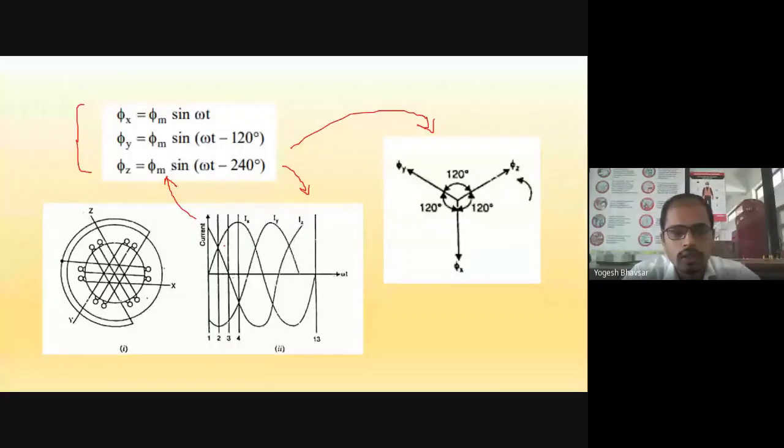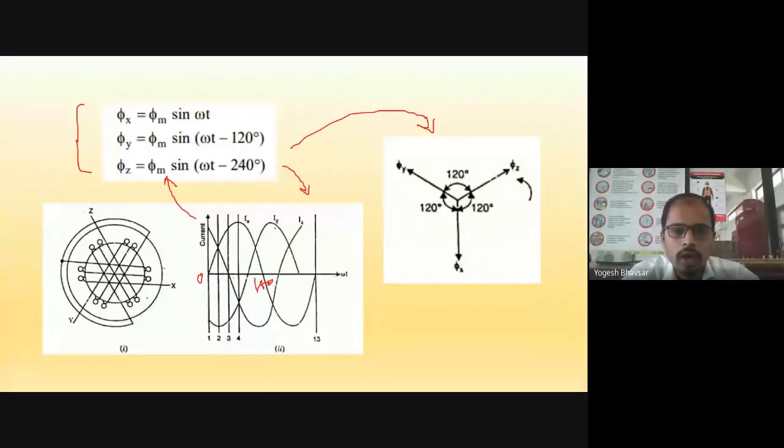So what is this waveform for three-phase supply? As we have considered X phase, which starts from the origin, it starts from 0, then at 180 degrees it completes its first half cycle, and the next half cycle ends at 360 degrees.